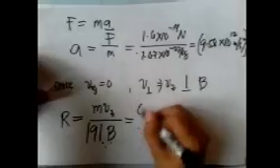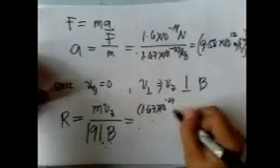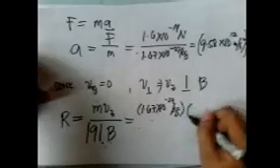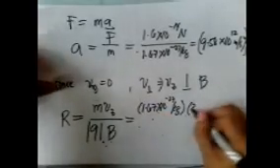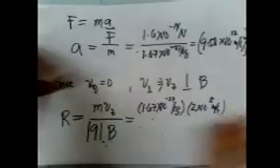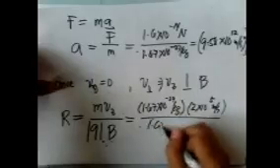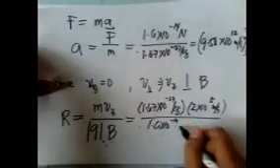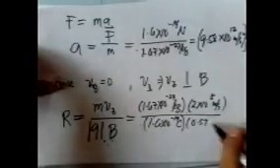Inputting all values, we have 1.67 times 10 to the negative 27 kilogram times the velocity in the z direction, 2 times 10 to the 5th meter per second, all over 1.6 times 10 to the negative 19 coulomb times 0.5 Tesla.